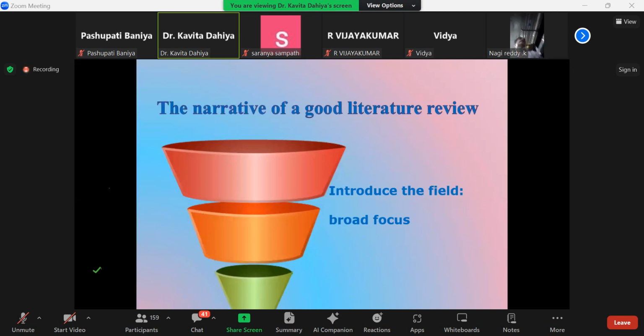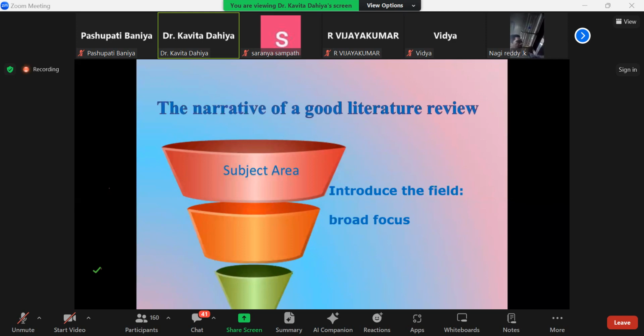This is the funnel-shaped introduction of the literature review, where first you introduce your field. Broad focus means, let me explain, the subject area. Suppose I'm studying rural entrepreneurship. So this is the first or top part of the funnel, where the subject area means my topic is rural entrepreneurship in Haryana.